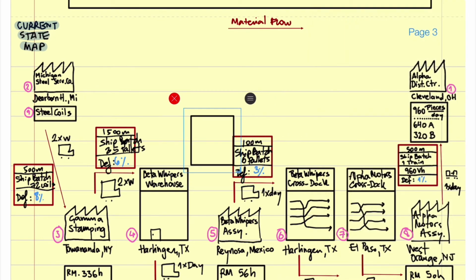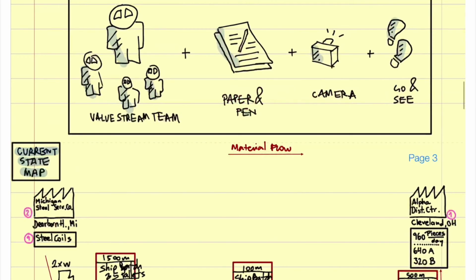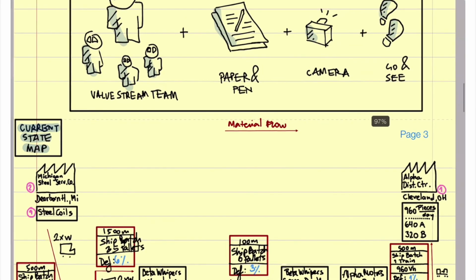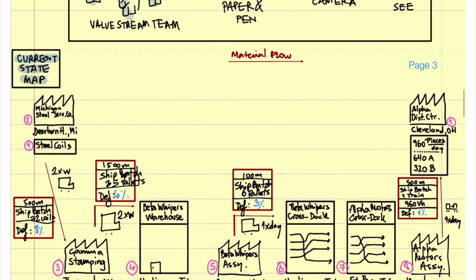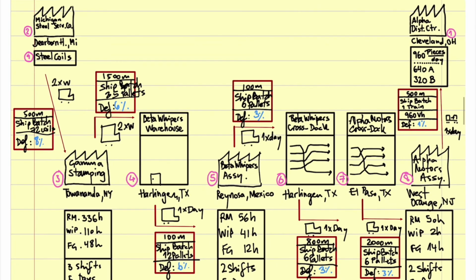We have visited our facility. We have done the value stream. We went and saw, so we gathered some data. Then we put all the process steps at a certain level of abstraction. And then after that, we put all the material flows.